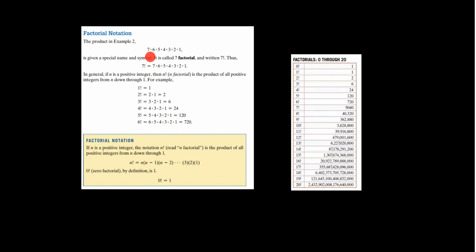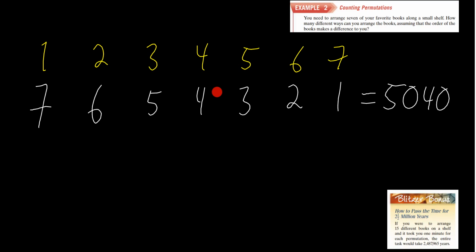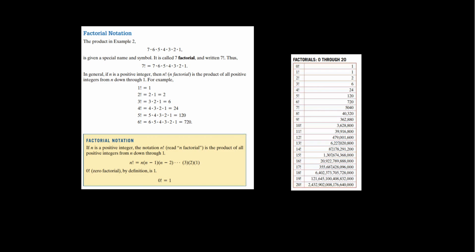So we did 7 times 6 times 5 times 4 times 3 times 2 times 1. We did that for the arrangement of books on a shelf. Well, we can write that a little bit more succinctly as a 7 with an exclamation point.